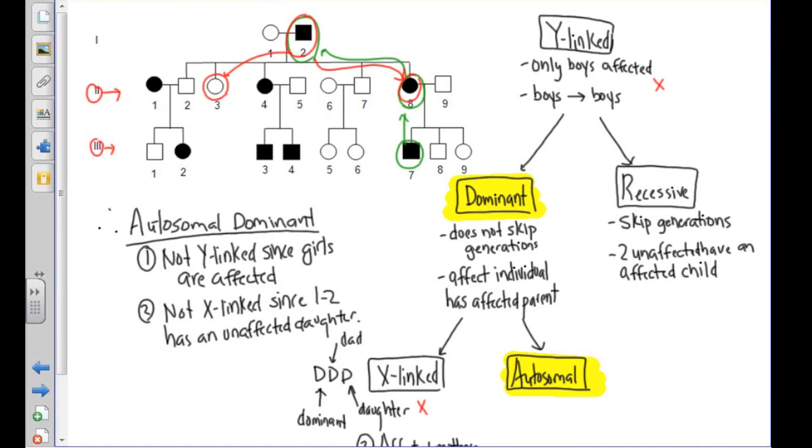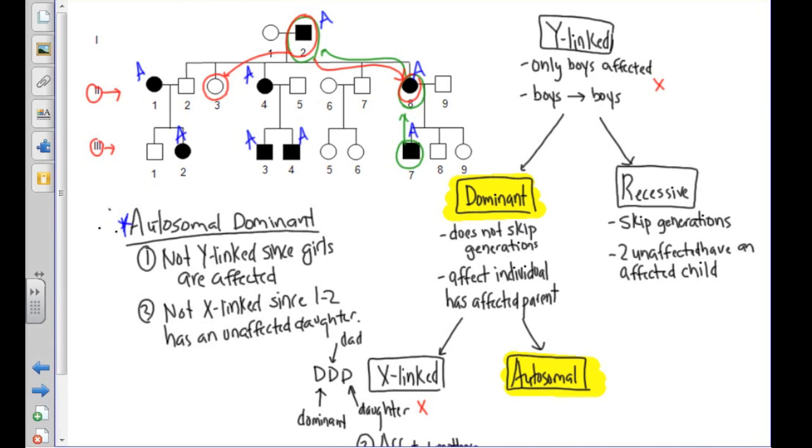So to go back and fill out the genotypes of all the individuals affected, don't forget that because we said it's autosomal, we do not use sex chromosomes. And this time, since it's dominant, all affected individuals have to have at least one dominant allele. So you can go through and fill out that dominant allele for all of our shaded in individuals.